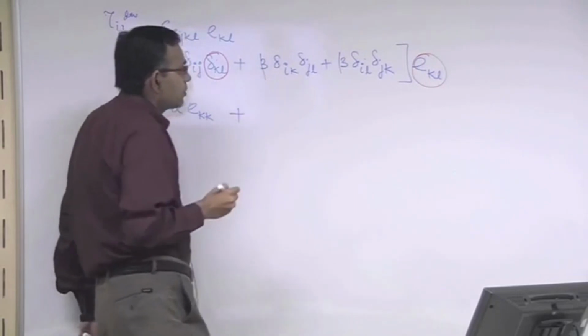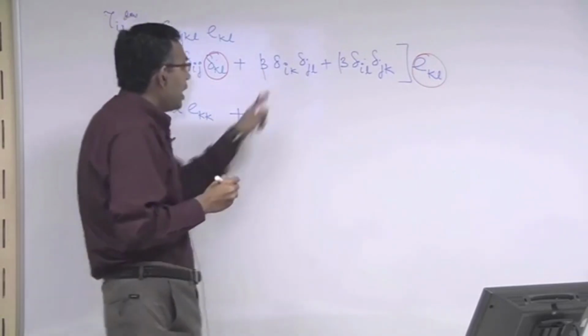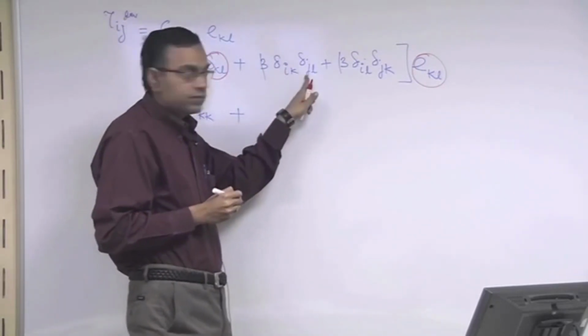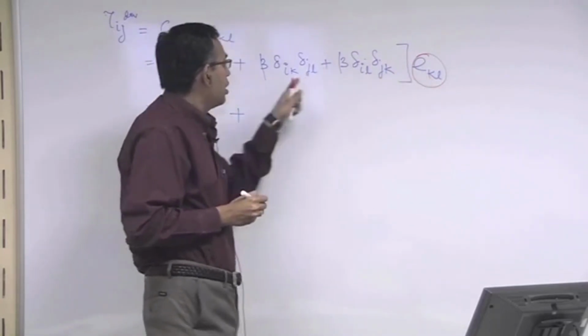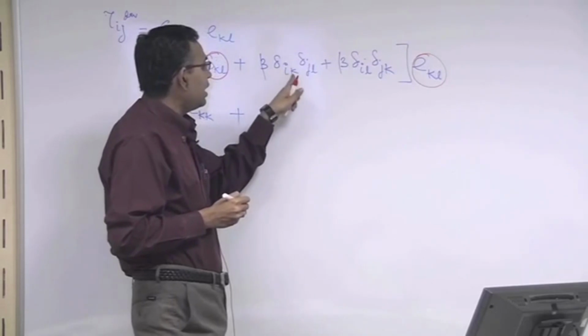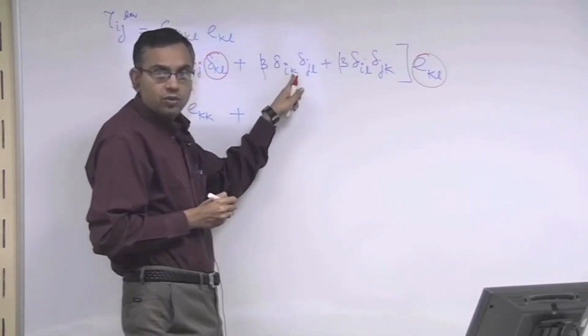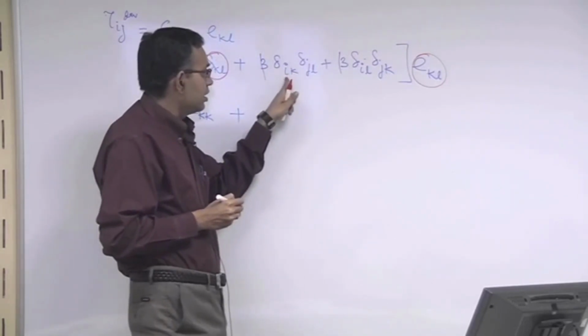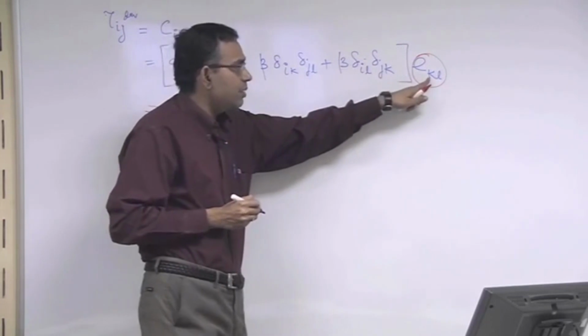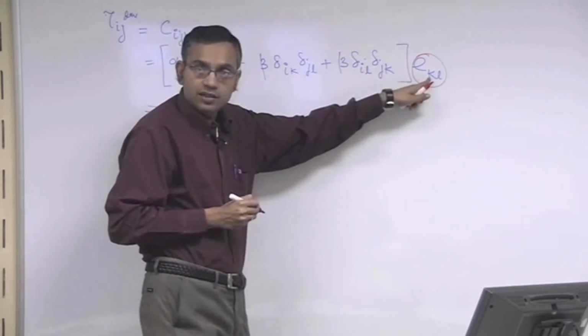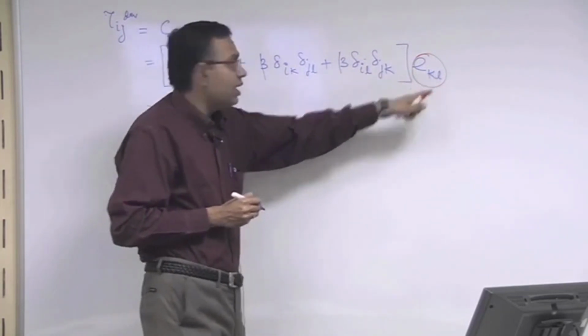Second term, i and j we cannot disturb. So, E_kl: now you see delta ik will become 1 when k is equal to i, and delta jl will become 1 when l is equal to j. So, this will become E_ij, k will become i and l will become j.